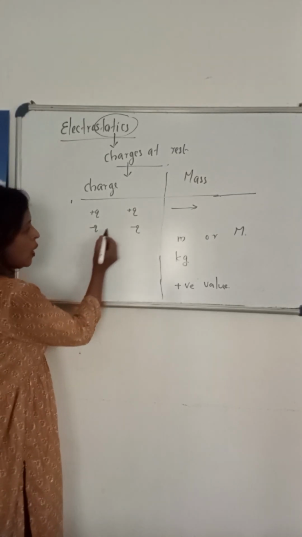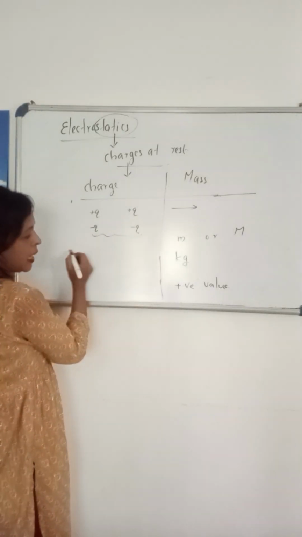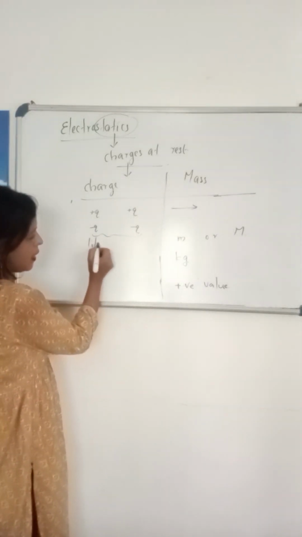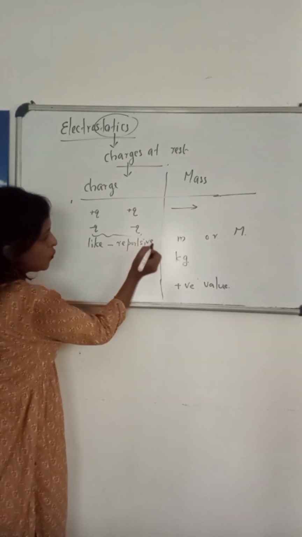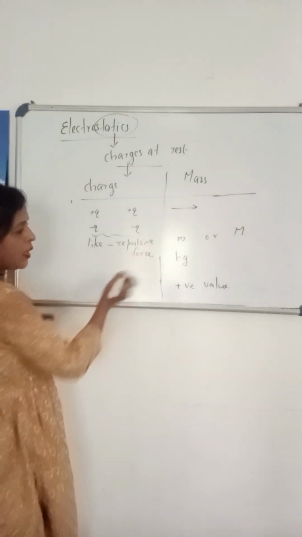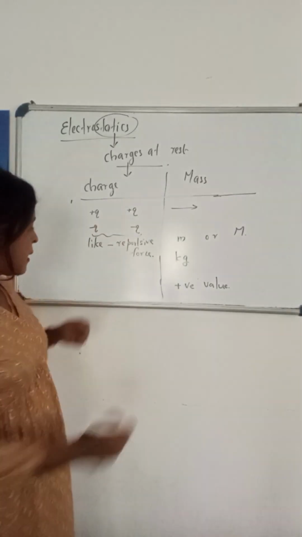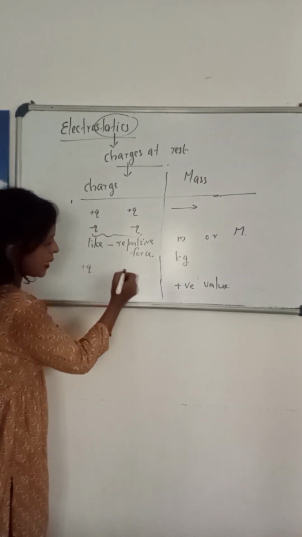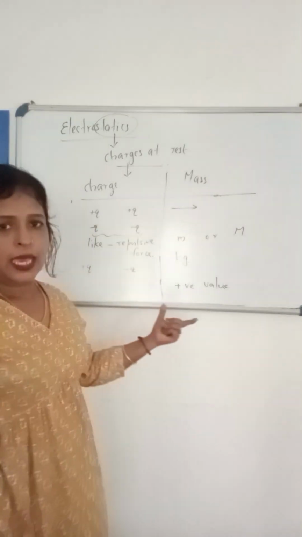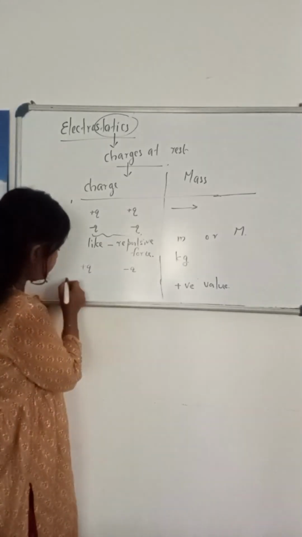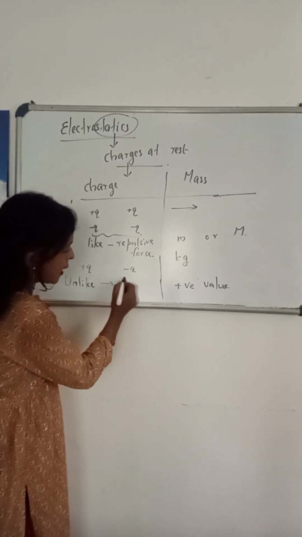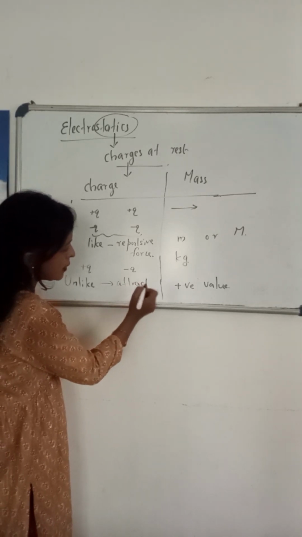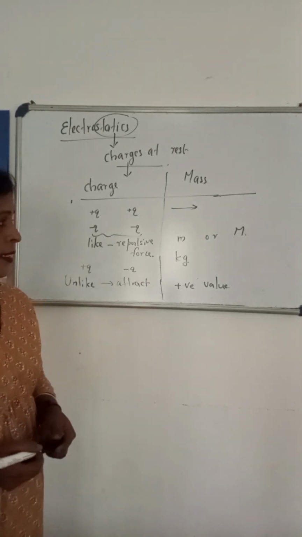We can tell that like charges repel each other, with a repulsive force between them. And if we consider a positive charge and a negative charge, unlike charges, they attract each other.